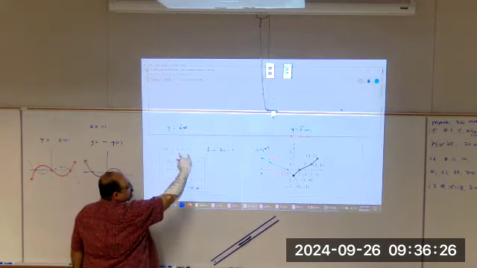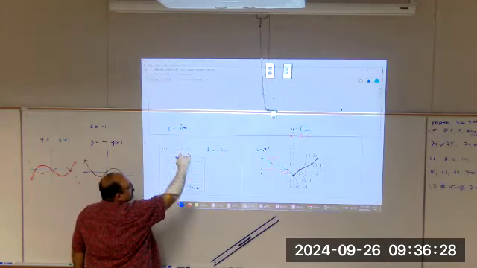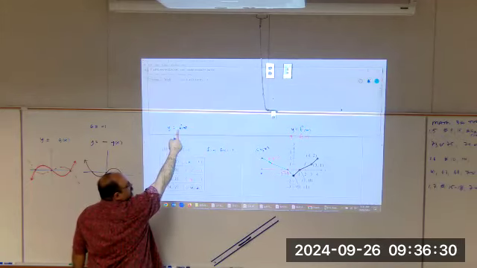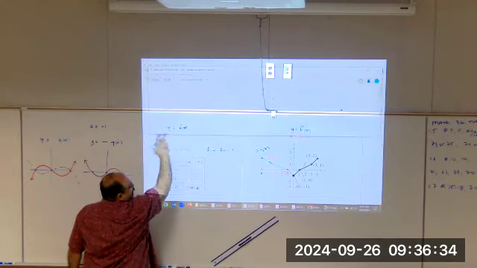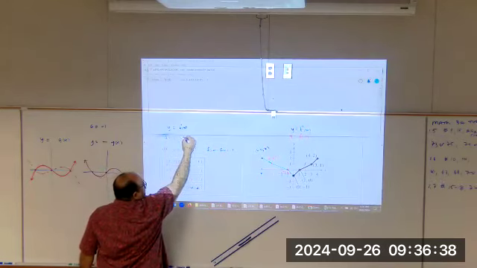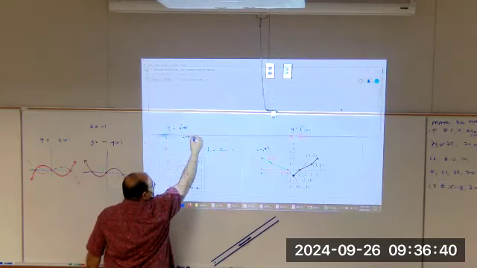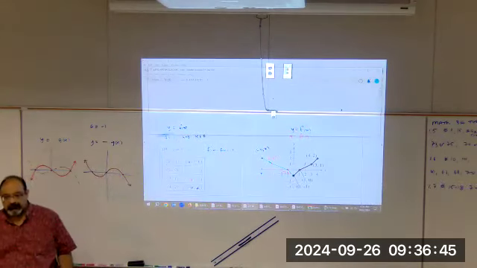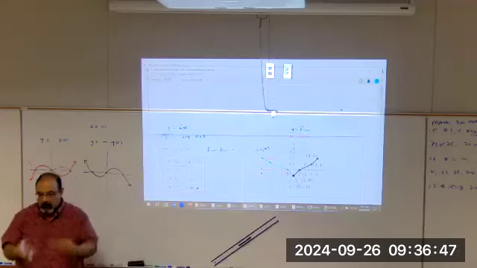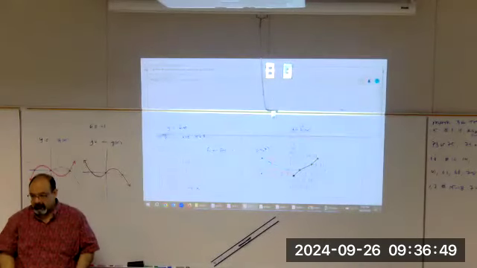So now you want this. What is A right there? Positive 1. Is there an H? No. H is 0. Is there a K? So there's no horizontal shift. There's no vertical shift. There's no flipping across the x-axis.